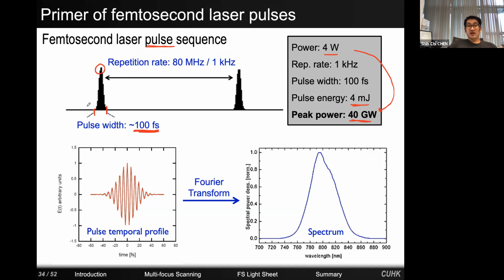But when your pulse width in the time domain becomes very narrow, the Fourier transform is actually going to give it a relatively wide spectrum. So an 800 nanometer pulse laser, if you look at the spectrum, can actually range from 760 to 840, very wide. In other words, it contains many colors.